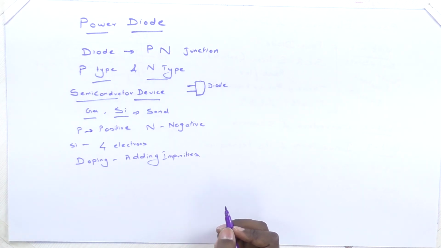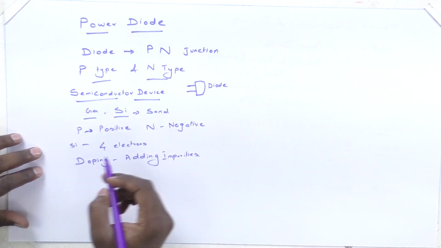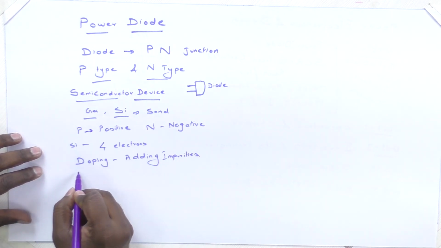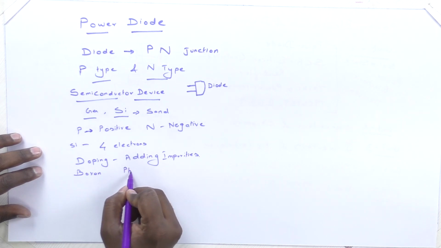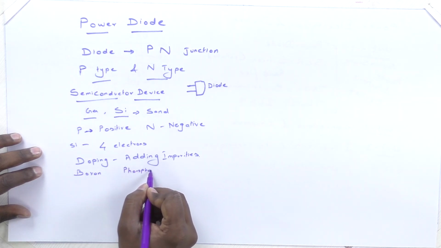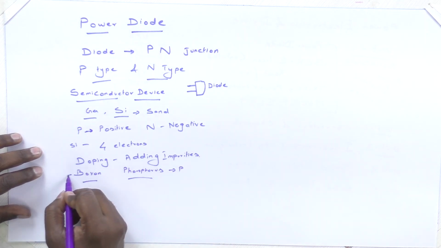This doping process is by adding impurities. Usually they'll use boron or phosphorus. So by adding this, either this will become positive or this will become negative.